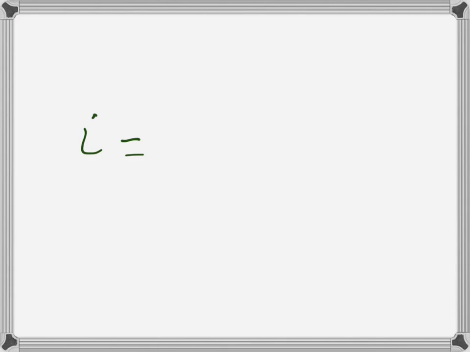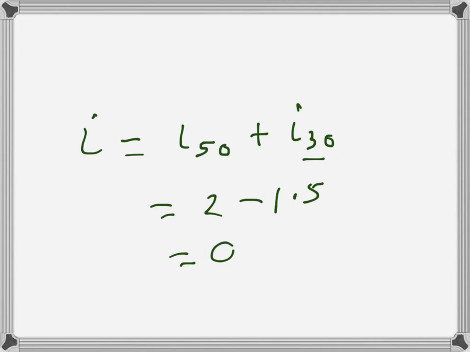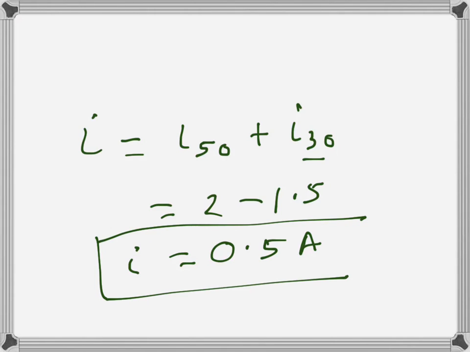So our total I will be I50 plus I30, and that is 2 minus 1.5, because this one was in the other direction. So the actual current was 0.5 amps. And if we recall, in Thevenin's theorem we got the same result in the previous video. So this is the same problem solved using the principle of superposition.